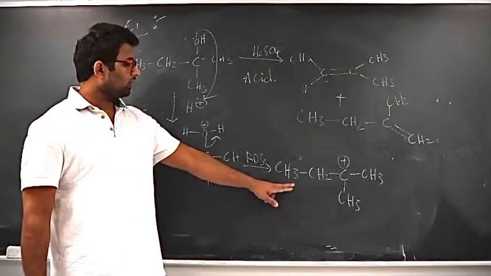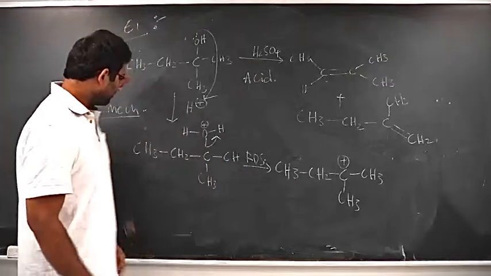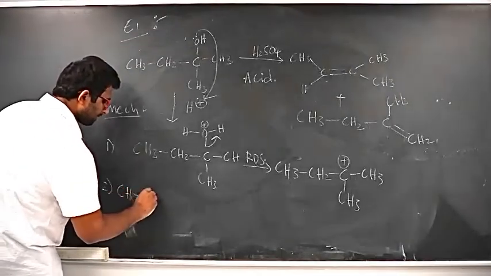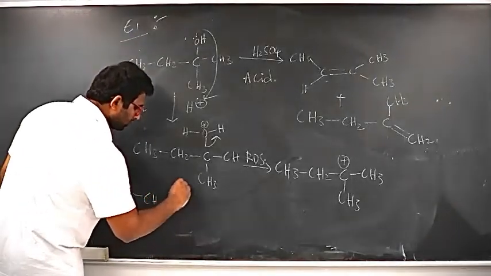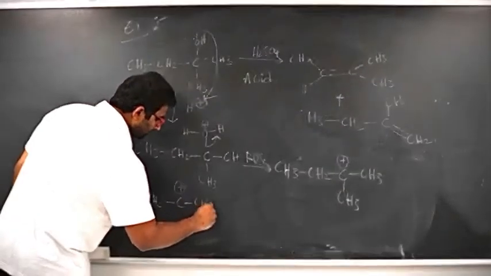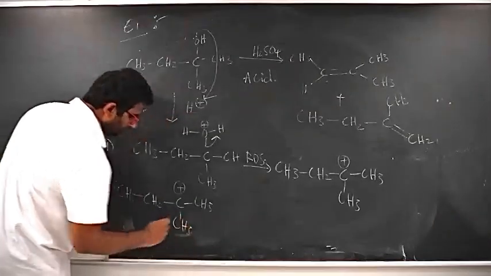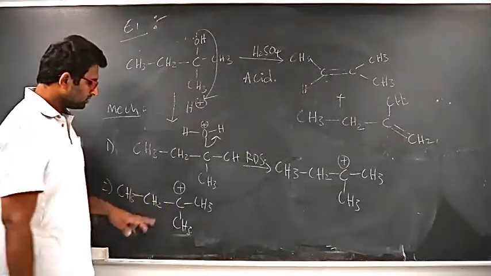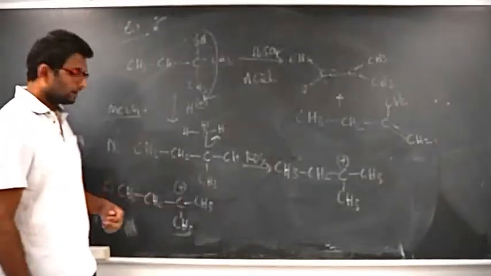Now we have a carbocation formed. In the second step, these three carbons have an equal chance to lose a hydrogen to form an alkene.